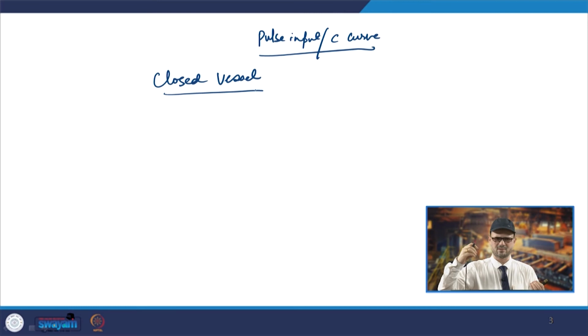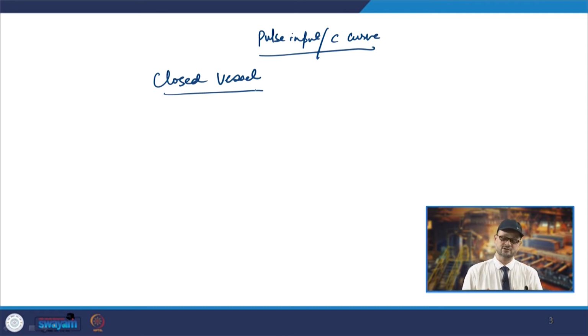So, the tracer will come and go out, whereas there will be dispersion going on in the vessel. In the open vessel, you have a stream which is open, so dispersion takes place at the inlet as well as at the outlet.